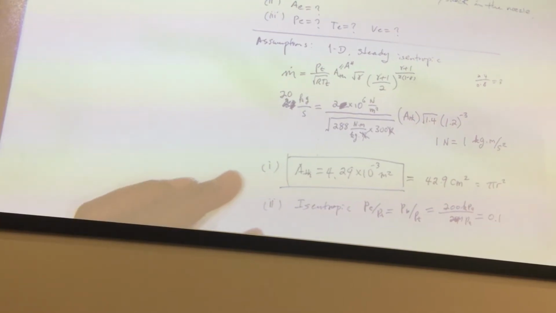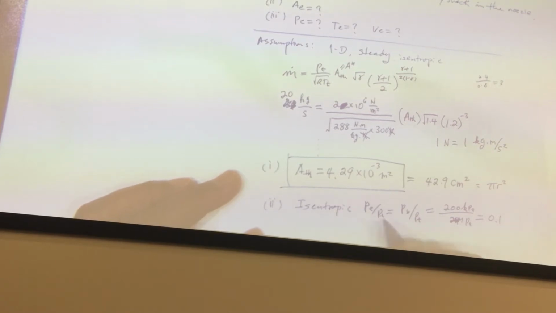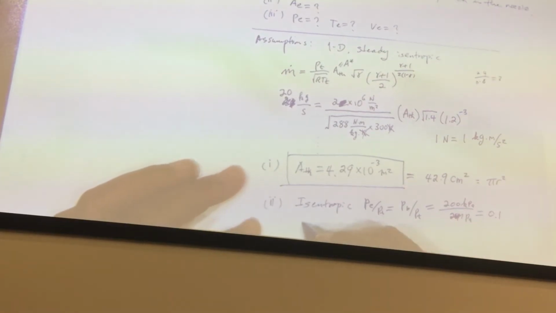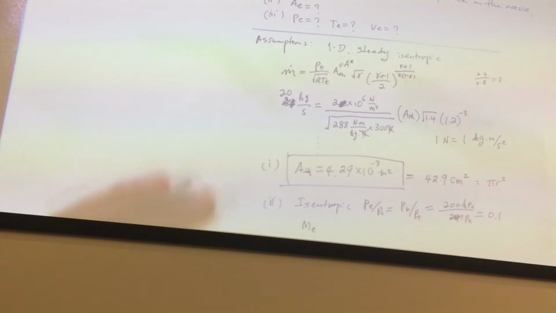So if you look at this value, that means your ME, the nozzle exit. Why can we equate exit pressure to back pressure? Since you said no shockwave, should the exit pressure not be higher than the back pressure? Oh yeah, this is perfect expansion.